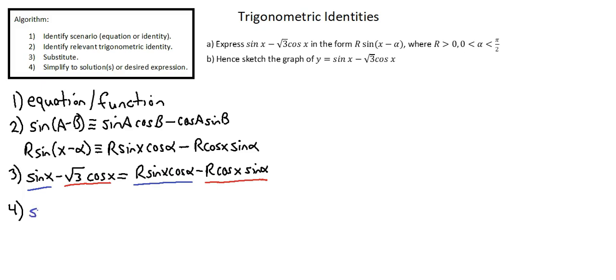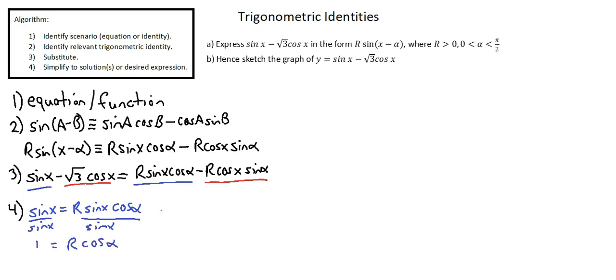We know that sine x is equal to the sine x term on the right side of the equation, which is r sine x cosine alpha. Simplifying, if we divide both sides by sine x, we end up with 1 equals r cosine alpha.